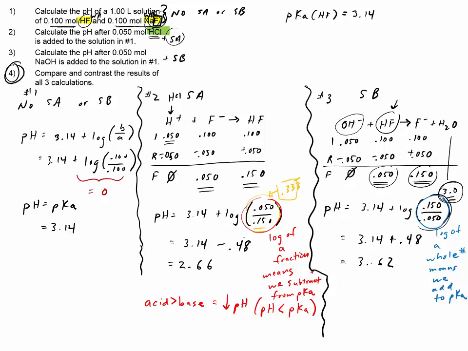So you see that we add here, and so our pH is going to end up being a little bit bigger than the pKa, which makes sense because we have more base than we do acid, so our pH should spike up a little bit, very slightly. So this time we have more base than acid, so this means our pH is increased, so our pH is greater than pKa.